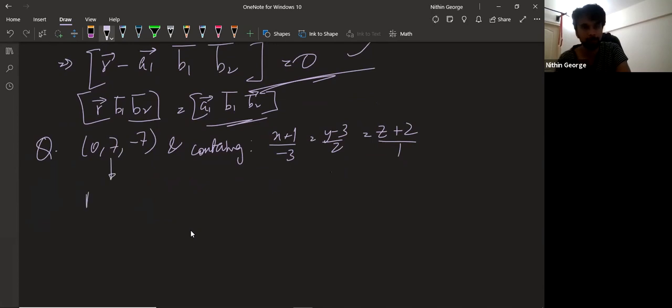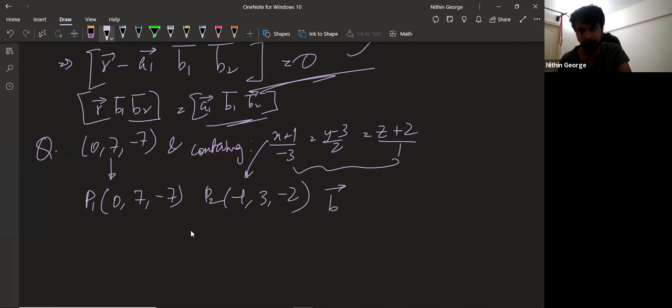There's a first point which lies on the plane, 0, 7, minus 7. There's another point which lies on the plane, which is minus 1, 3, minus 2. Now we have a vector that is parallel to the plane, minus 3, 2, 1. This is the data we have. From here, we are supposed to look for the equation of the plane.